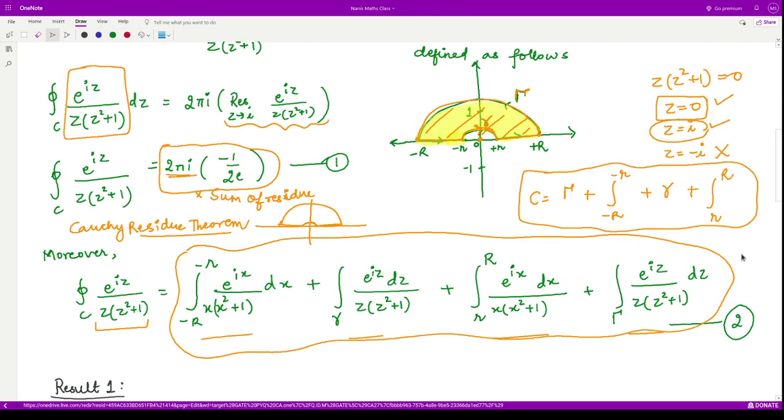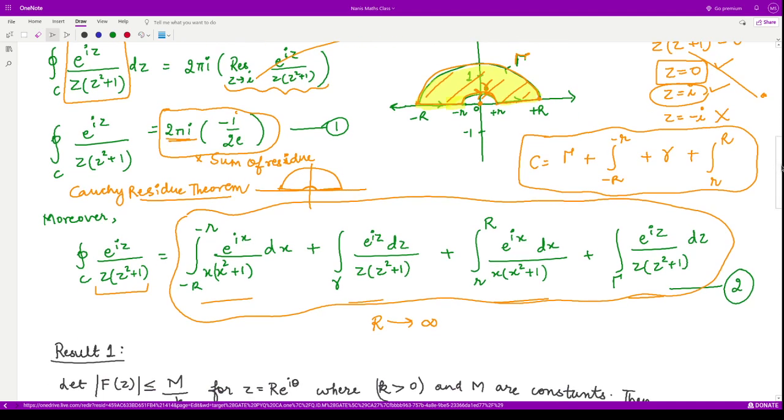So to answer that question, in the end we will make this r tend to infinity, such that this point would go to infinity. So in effect you will cover the whole of this complex plane. So let us just assume these things for the time being.